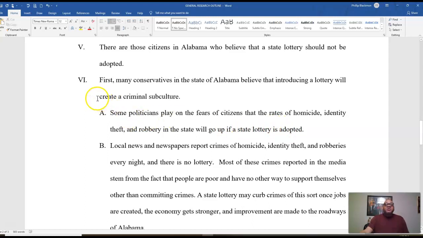So what type of criminal subculture are they talking about? They're talking about homicide, identity theft, and robbery, right? A clearly supports Roman numeral number 6.